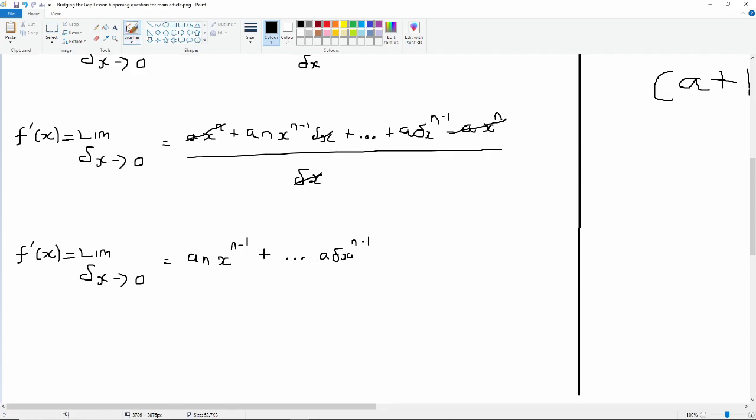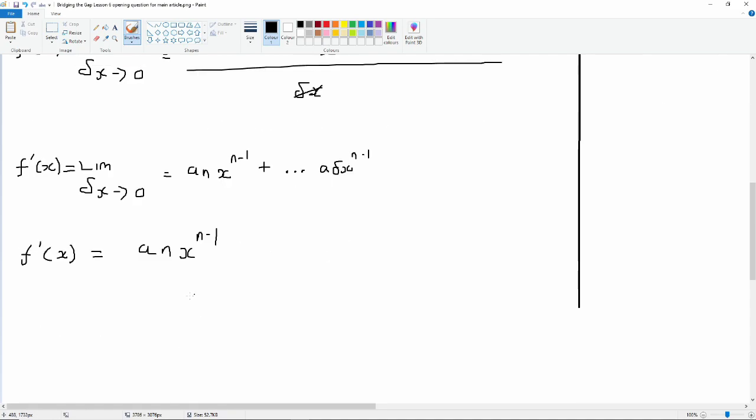So when we solve for the limit, we're just going to end up with the derivative f prime of x is equal to a n x to the power n minus 1, because all the other terms get progressively closer to 0, to the point where we don't care about them anymore. In fact, in the limit, they will be 0. We will treat them as 0 in order to get the limit.